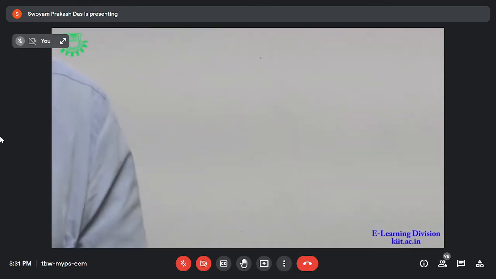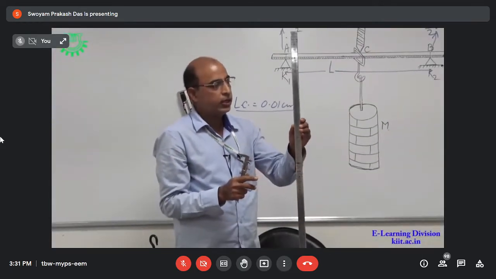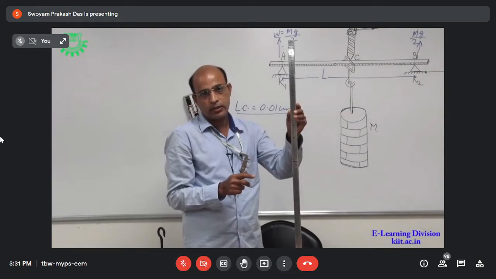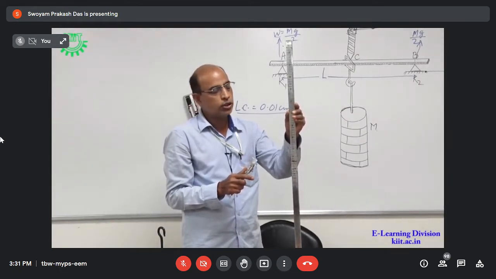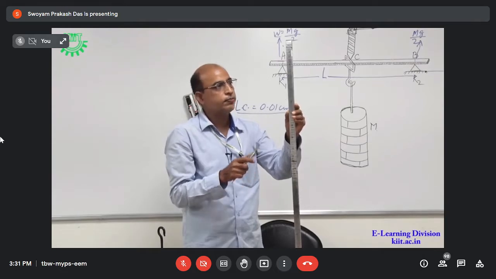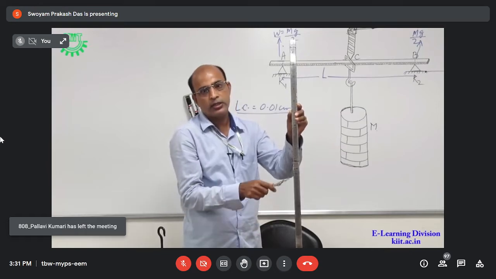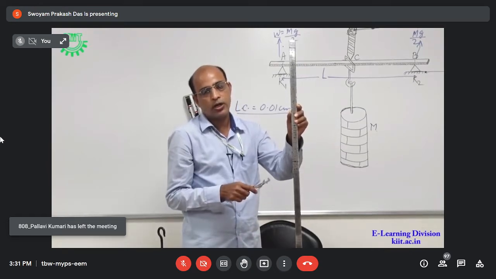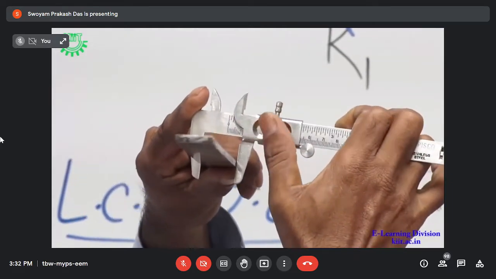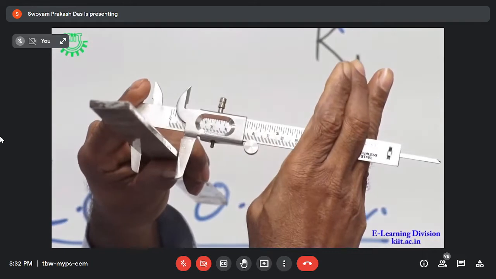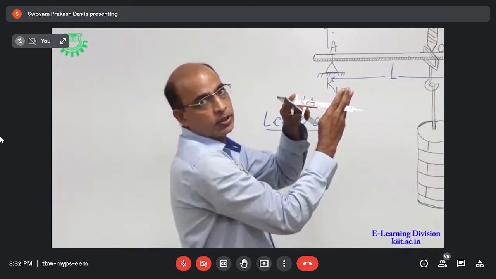As in the working formula, B, that is breadth, and D, that is thickness, come. So we have to measure first 2-3 observations, then we will find the average. So at 3 different positions, we will find 3 observations, then we will find the average. The position of vernier 0 over the main scale gives the value of MSR, main scale reading, in centimeter.